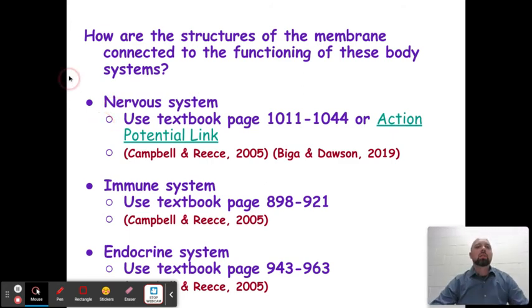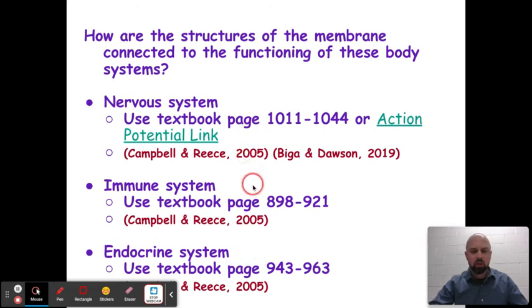So I like to have them do this activity where they connect the structures of the membrane to these body systems. I give them some pages out of their textbook to look through. What I would do at this time is break them into groups, and I probably have 2 groups in each class doing each one of these.